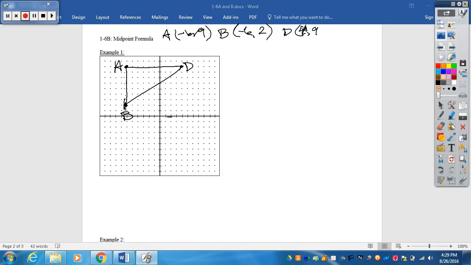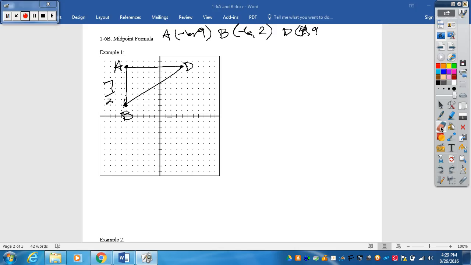Yeah, length of 7. And if we have that, we can divide that by 2, which will put it at 3.5 units from the last one.